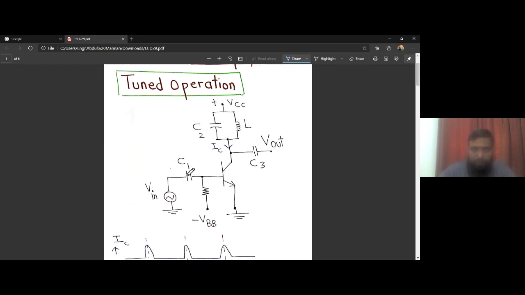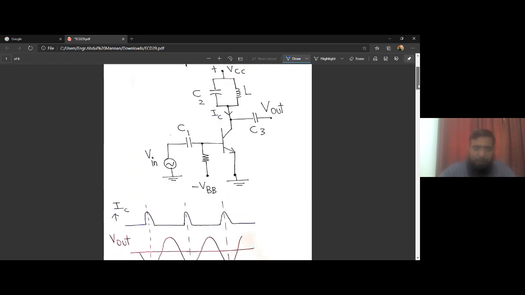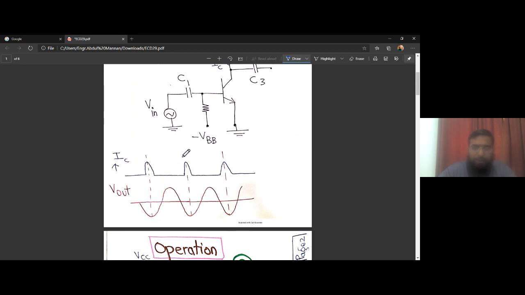We studied in the last lecture that IC is in the form of pulses because of the minus VB applied to the base with a resistor RB. The output voltage was also in the form of pulses.